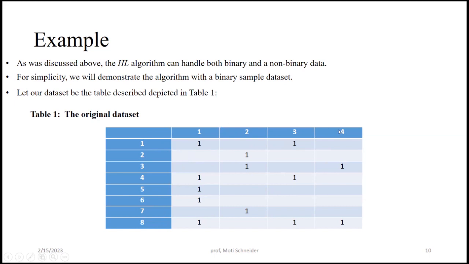There are 4 items you can buy. The first guy buys item number 1, item number 3. The second one buys only item number 2, and so on and so forth. What I want to do is find out if a person buys an item X, he will also buy item Y, or any other combination that you can think of.